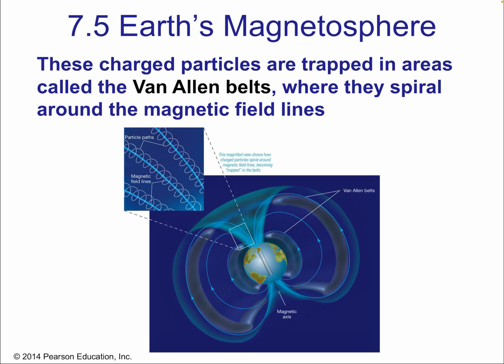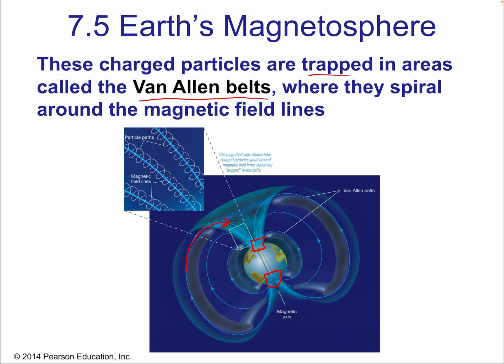These charged particles are trapped in areas called the Van Allen belts, where they spiral around the magnetic field lines. They take helical paths, okay? And that's just due to the physics of the motion, all right? And those helical paths then follow the field lines, and where do the field lines go? To the poles. The field lines terminate at both the poles.